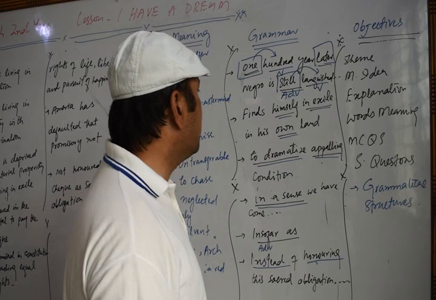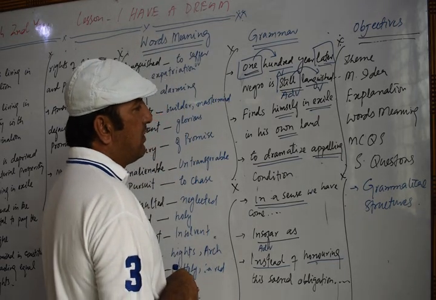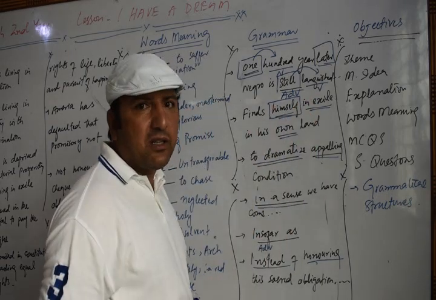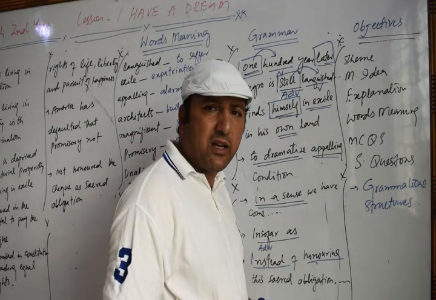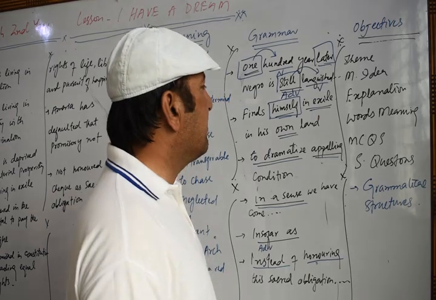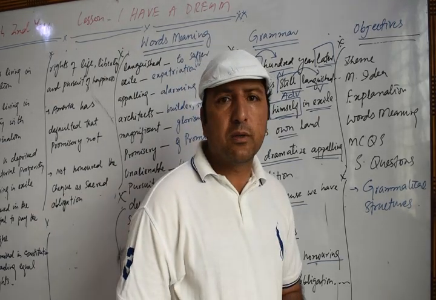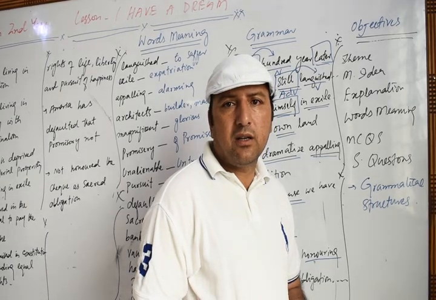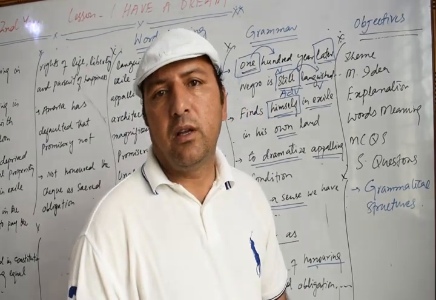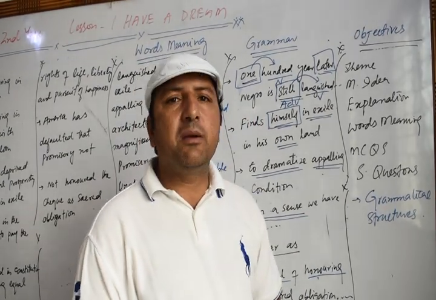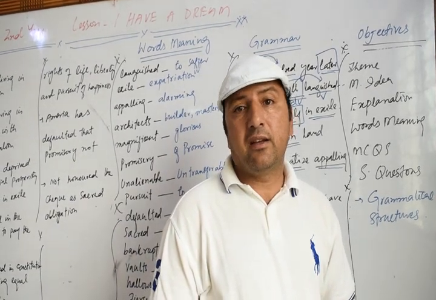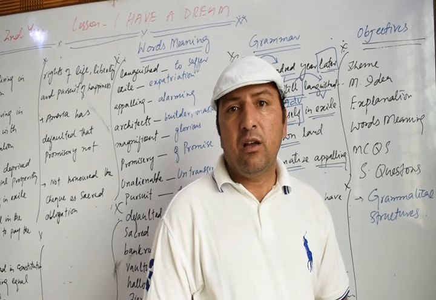Now in the next sentence we have finds himself. Himself, once again we are discussing pronouns because it is there inside the exercise of the same lesson. So we have himself. Himself can be used as a reflexive pronoun and also as an emphatic pronoun. For example, he himself killed a lion. So he himself.